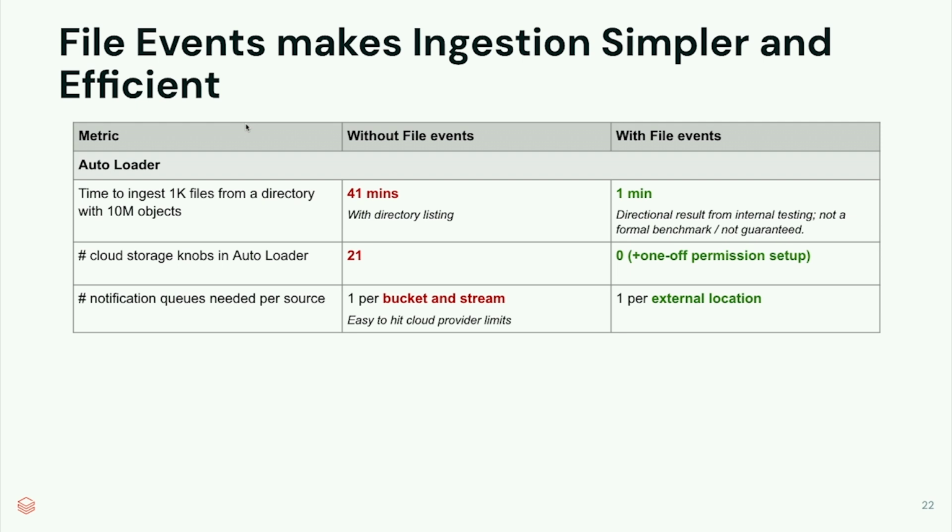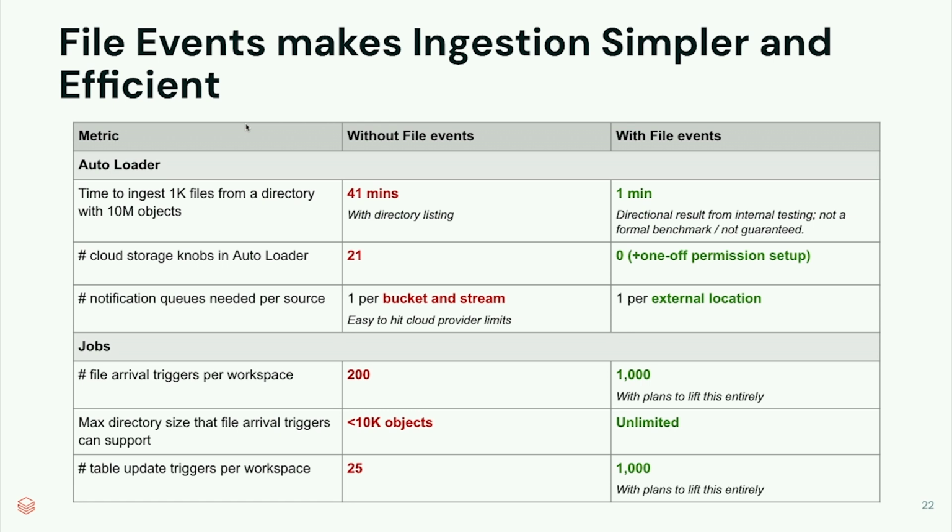In this example, if you have to discover 10 million files from a typical cloud provider, it may end up taking roughly 40 minutes if you are just listing those 10 million files. With file events, ingesting incrementally 1,000 files out of the 10 million directory will end up taking only a minute or less.